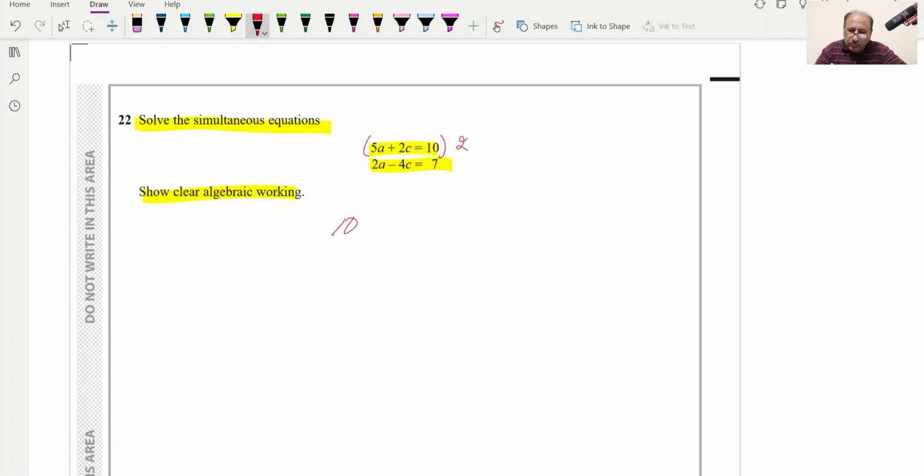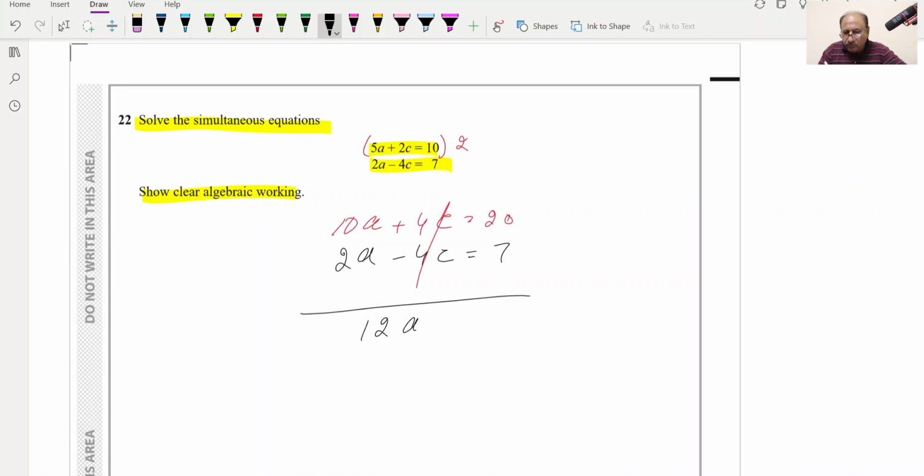Our new equation will be 10a plus 4c is equal to 20, and the second equation will be 2a minus 4c is equal to 7. Now we can add, and this will be cancelled, and 10 plus 2 will be 12, and 12a is equal to 27.